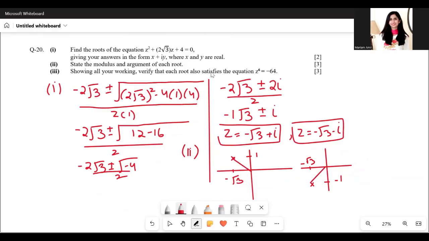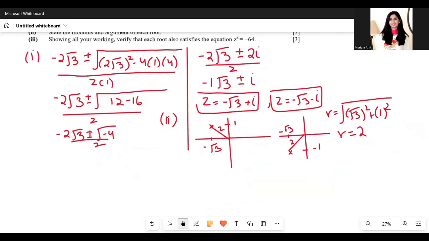Let's do the working here: r equals the square root of, applying Pythagoras theorem, √3 whole squared plus 1 squared, on this triangle, ignoring any negative signs. This becomes 3 plus 1, 4, and the square root of 4 is 2. So both of these have a modulus of 2.